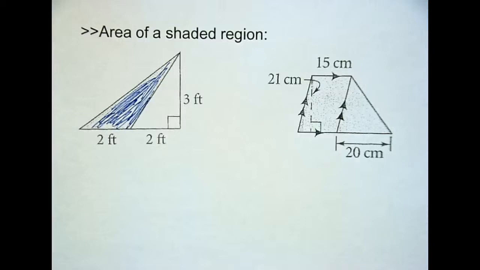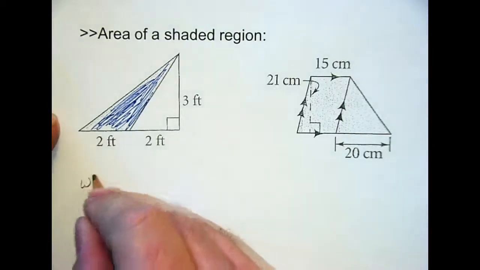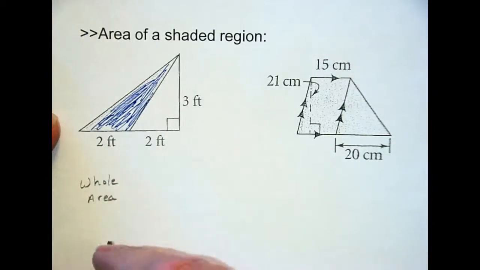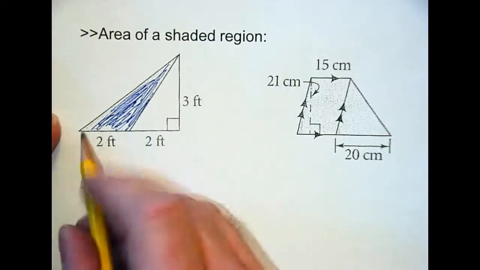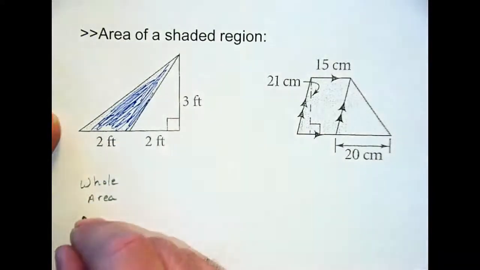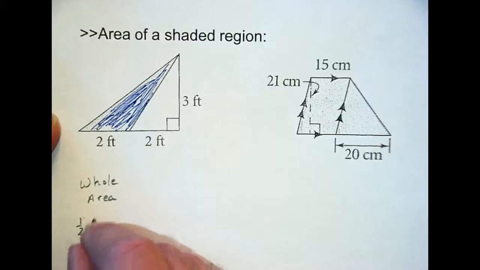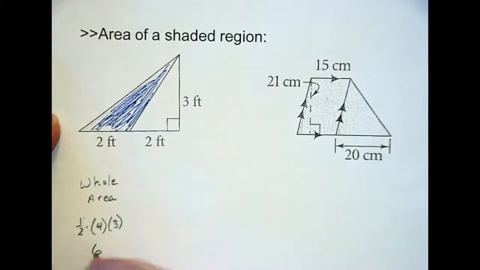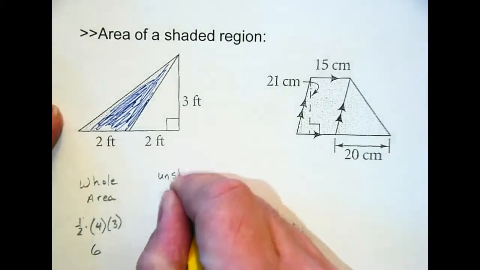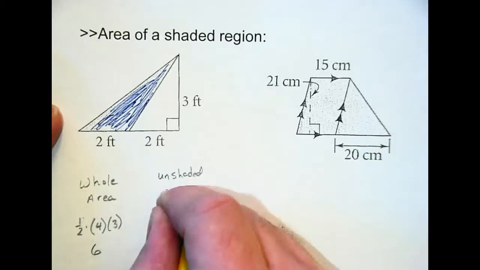Diamond? So what did you find the area of the whole thing, which we got was 6? Okay, so to find the area of the whole thing, you did base times height divided by 2. Okay, so 1/2 of 4 by 3, and you say that's 6. Okay. And then we found the area of the unshaded region, which we got was 3.